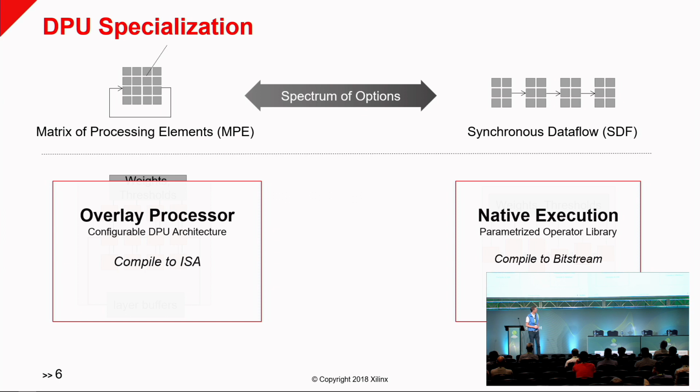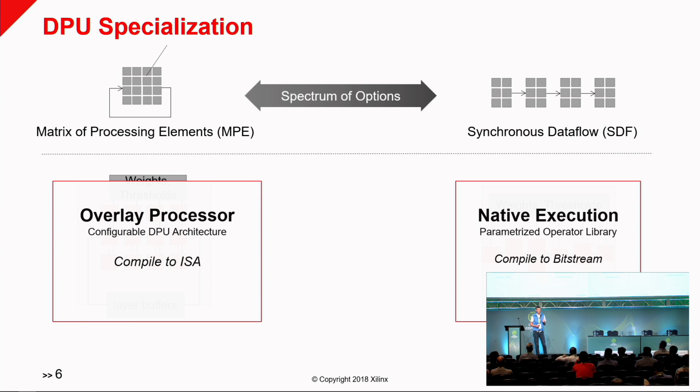And so we further distinguish between what we call overlay processors, which are essentially DPUs that have an instruction set, and so a compiler, like we talked about over here, can target. We've also built operator libraries, which we then synthesize and place and route to the FPGA, which really amounts more to native execution on the FPGA.